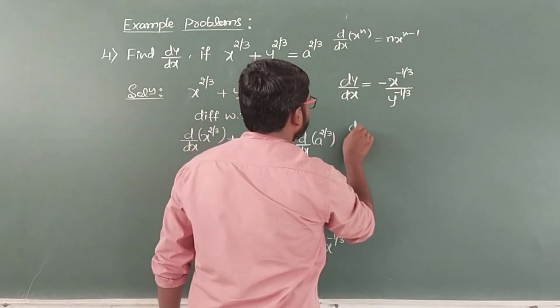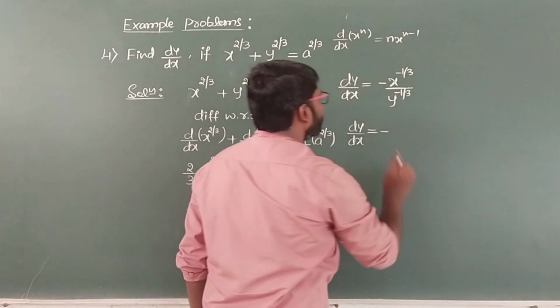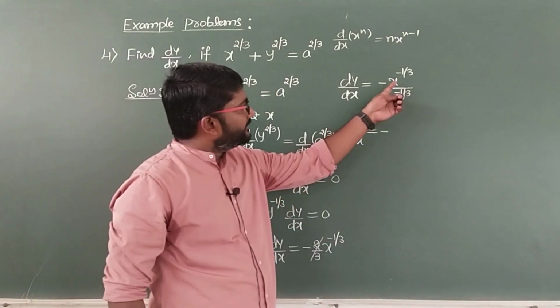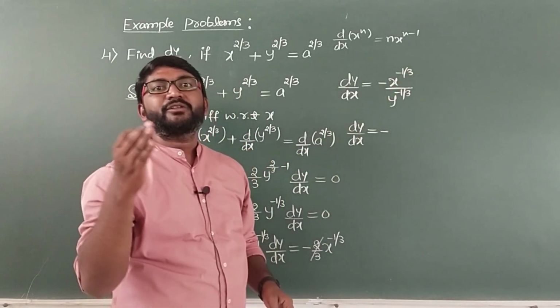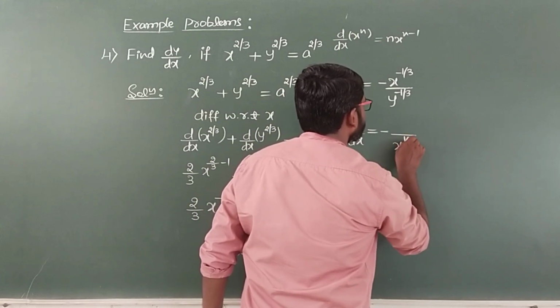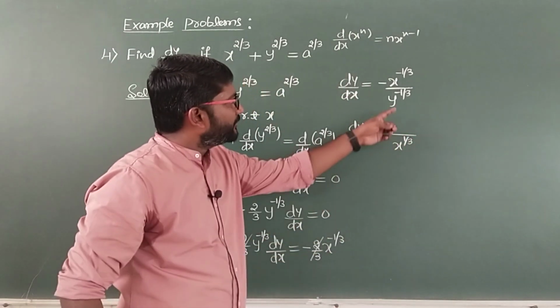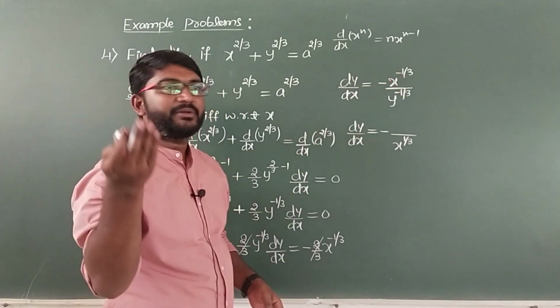So now dy by dx is equal to minus, I will be writing it as it is. Now take this x to the power minus 1 by 3 term to the denominator, it becomes x to the power plus 1 by 3. Now take y to the power minus 1 by 3 term to the numerator, it becomes y to the power plus 1 by 3.